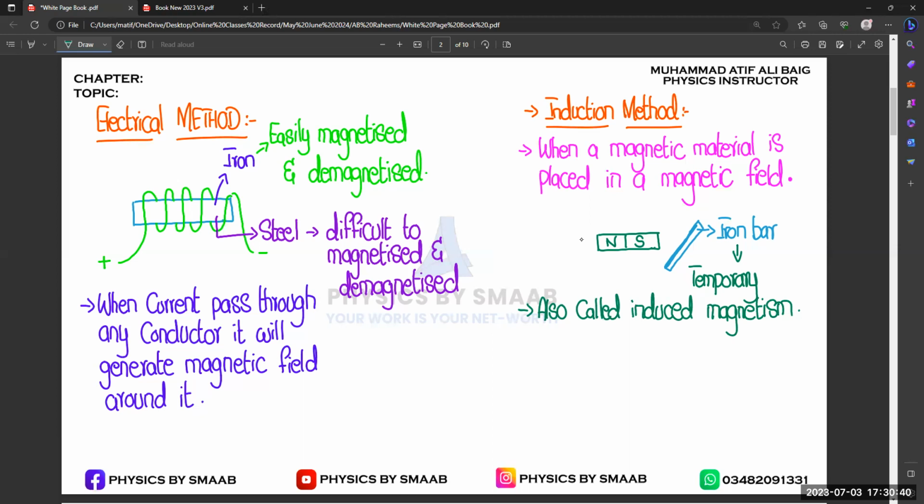In this statement we write that when a magnetic material is placed in a magnetic field, there is only a magnetic field which is invisible, right? We are not able to touch it. We are able to observe it, yes. And there is no direct contact, unlike the electrical method with the wires, the battery, the electrical current. So when the property of one material can change the property of a second material, that is the process of induction, right?